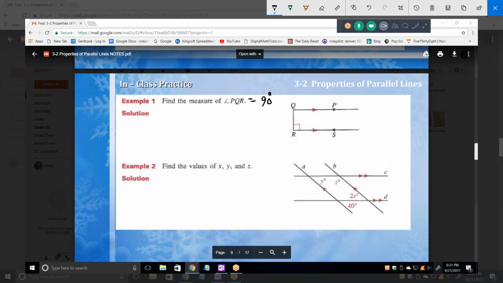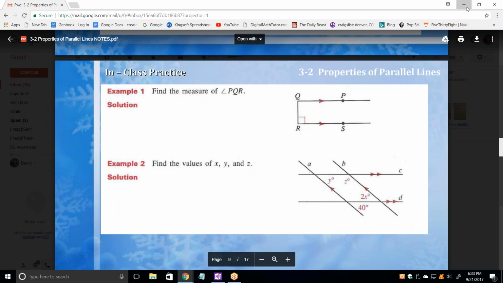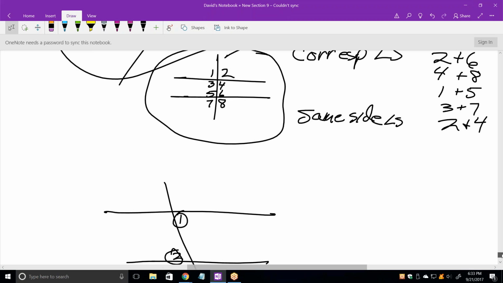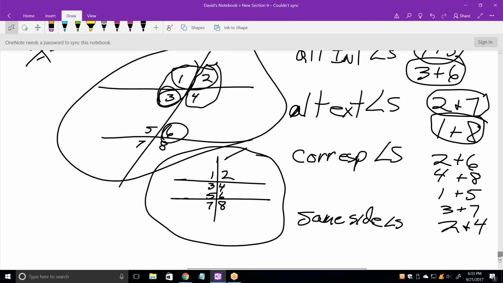Yes, only because the two lines are parallel, and these are same side angles, or what some people would call consecutive angles. There's one further category in my picture that I didn't cover, and that was consecutive angles. Consecutive angles are also supplementary.